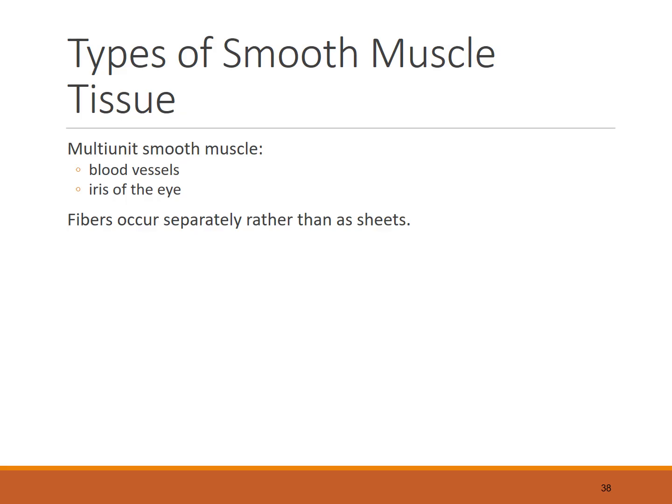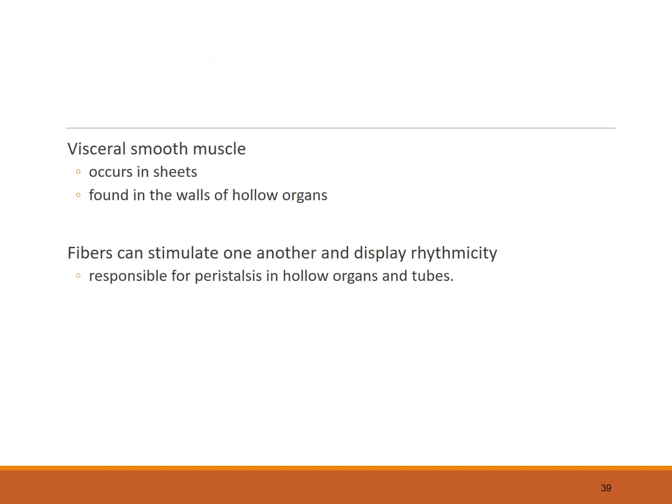There are two categories of smooth muscle tissue. There's multi-unit smooth muscle. This is found in your blood vessels and the iris of your eye, which controls the size of your pupil. And here, the smooth muscle fibers contract separately rather than as sheets. In the muscles found in your digestive system, the cells are stacked up together.